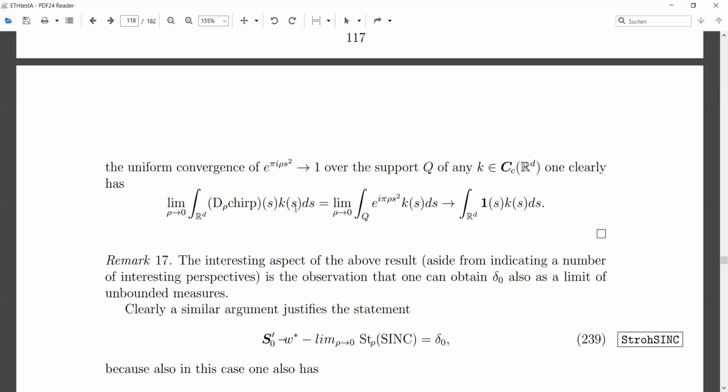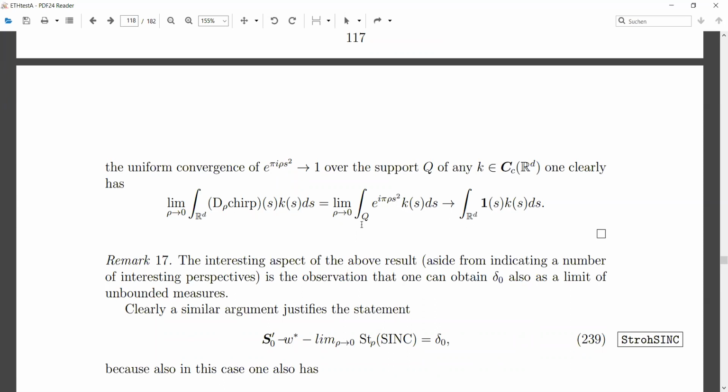So K is compactly supported, and you look what happens with the dilation. And then you see, well, this is explicitly written. Actually, it should be rho S squared, not rho times S squared. But still, if rho goes to 1, this goes to constant 1. So I'm writing constant 1 as a function of S by a boldface of 1.